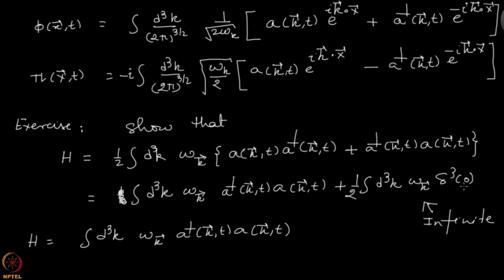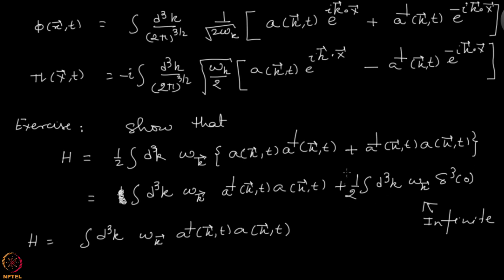Let me emphasize again. This is an infinite amount, but what really matters is differences between energies. If only differences matter, then you can choose the 0 of energy to be wherever you like, and that freedom gives you the freedom to drop this piece.